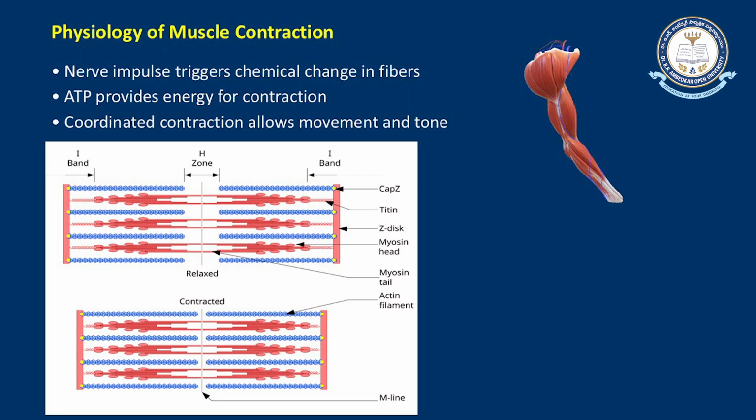Yeah. So let us now move to the physiology of muscle contraction. Very interesting. If you take a muscle and look at it under a microscope, at the cells and the type of fibers of the muscle, you can see actin and myosin fibers interacting with each other and helping in either contracting or relaxing. Just remember, it's very simple. Whenever there is a nervous stimulus received by a muscle, it acts either by contraction or relaxation.